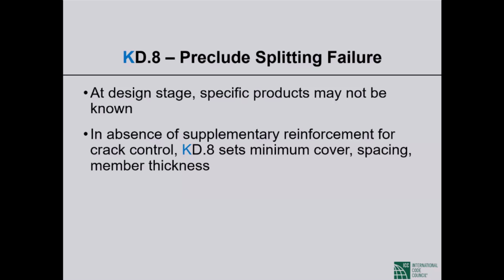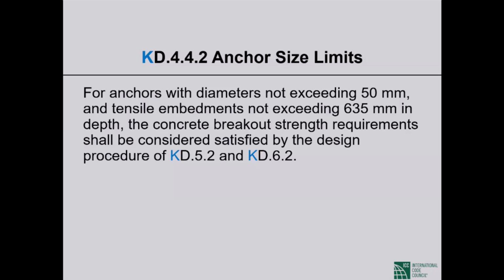Final thing, at least until ACI 318-08, which is BNBC 2020, we had these limitations. Now it's somewhat of a different story, but I don't want to confuse you with later editions of ACI 318 because then we never end. So for anchors with diameters not exceeding 50 millimeters and tensile embedment not exceeding 635 millimeters, the concrete breakout strength requirement shall be considered.